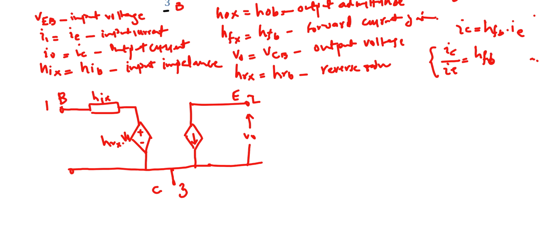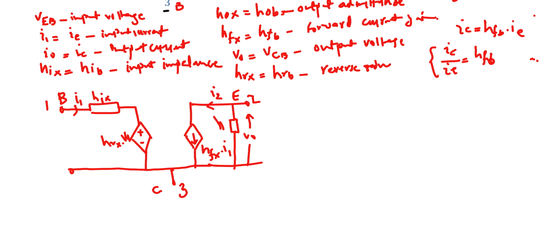And the input current I1, output current I2, this will be your HFX times I1, that's your current, and this is your output admittance HOX.